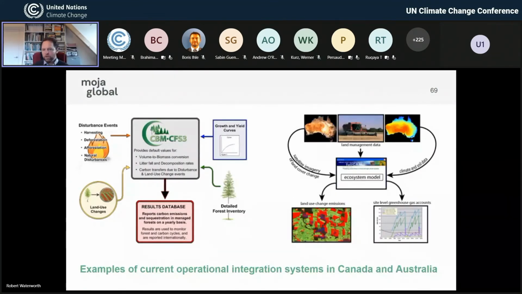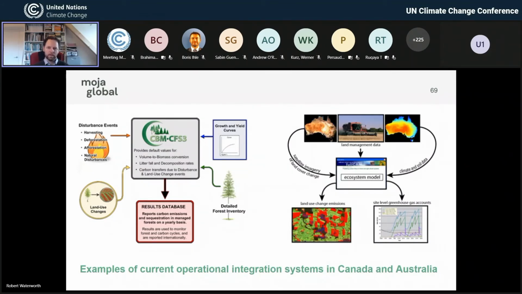When I mention those first generation tools, these are the two that I'm talking about at a high level. And when you look at these, you'll see that they're actually remarkably similar. They use very different data streams. They use different modeling concepts, but the actual framework concept is very similar. In the Canadian side, you have the CBM CFS3. It is the integrating system.